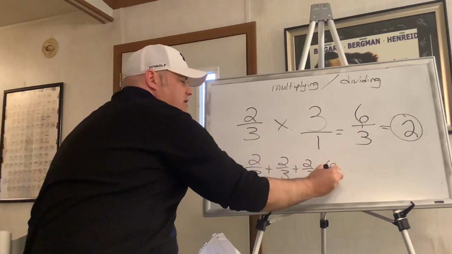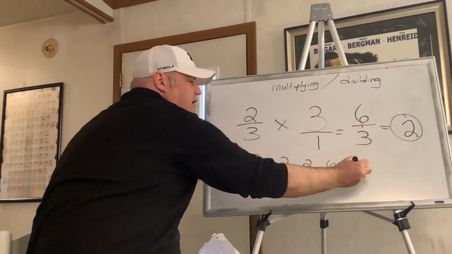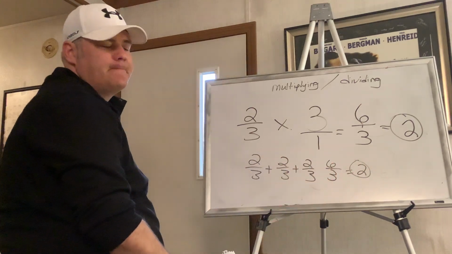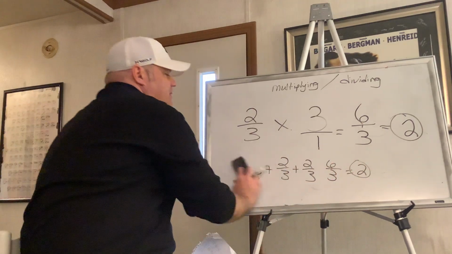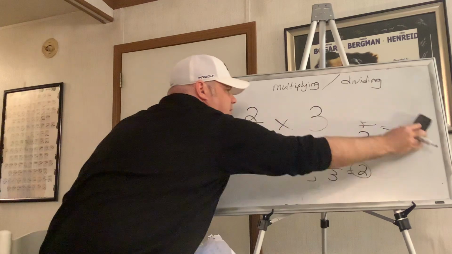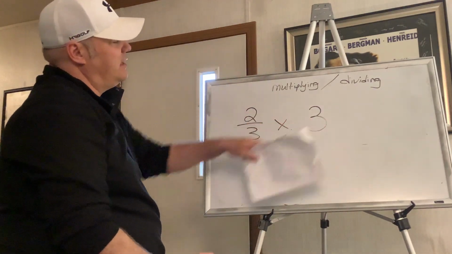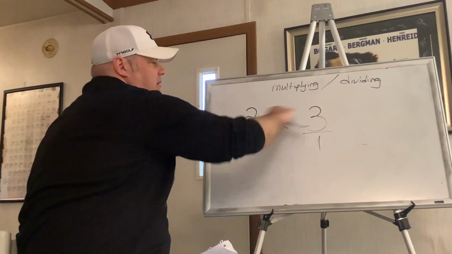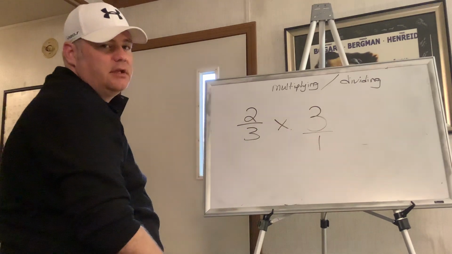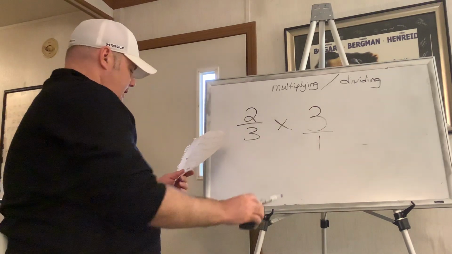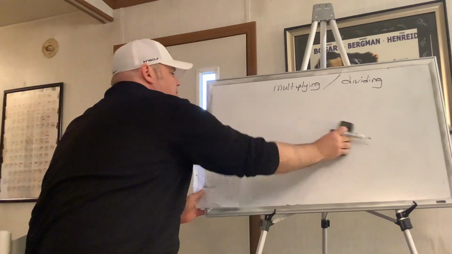The bottom never changes. That's where we get our 6 over 3 is 2. Okay, so even if you're taking something times, to go back to the original problem, 2/3 times 3, all you got to do is make this a fraction and then multiply your tops and multiply your bottoms, and you're done. Okay, so that's it with multiplication.